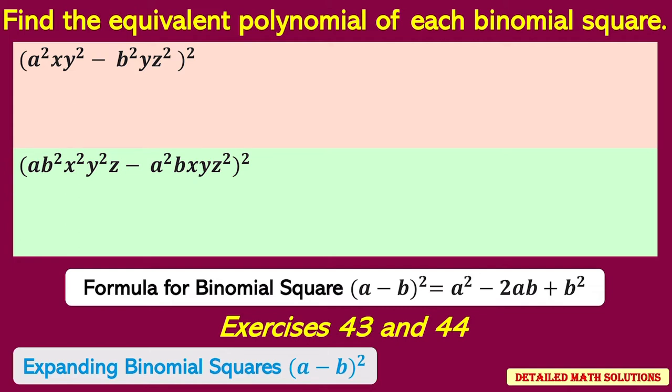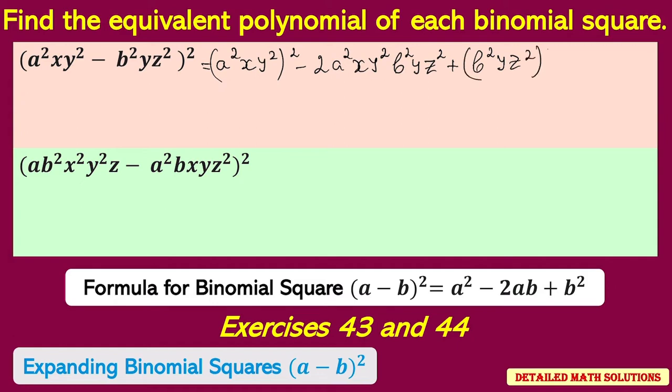Next exercise. (a squared x y squared minus b squared y z squared) squared. This equals (a squared x y squared) squared minus 2 times a squared x y squared multiplied by b squared y z squared plus (b squared y z squared) squared.